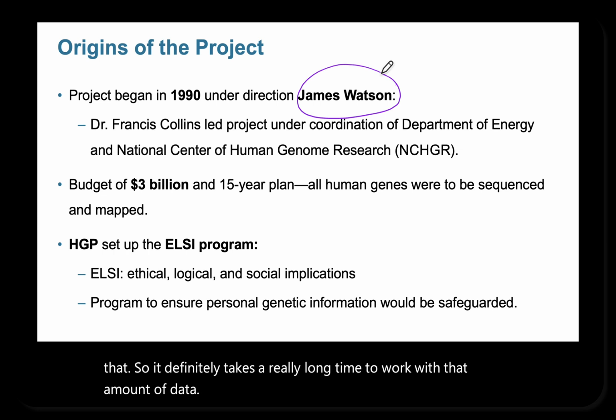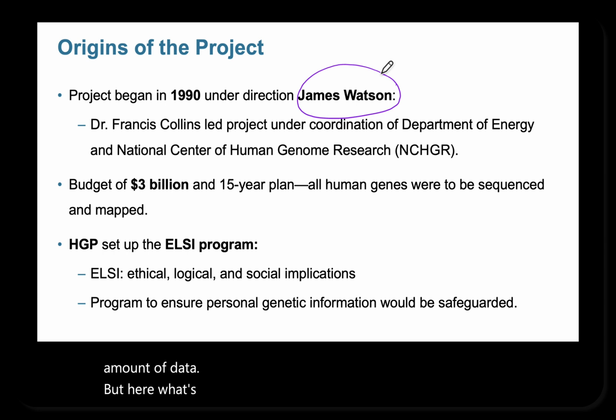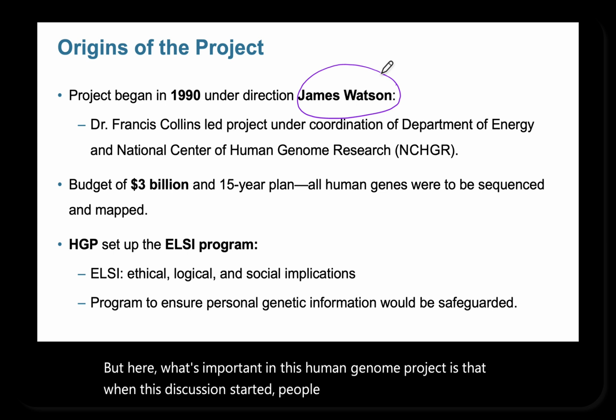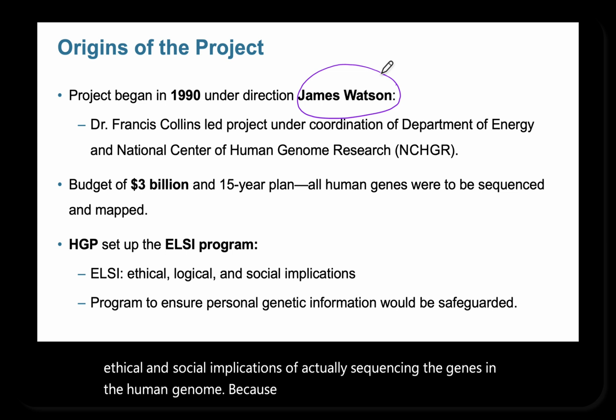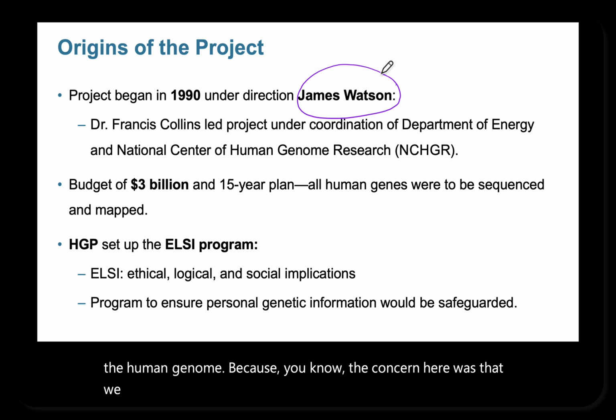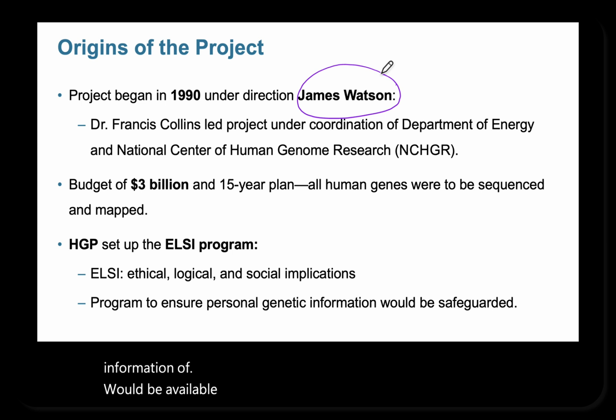But here, what's important in this Human Genome Project is that when this discussion started, people also started to think about the ethical and social implications of actually sequencing the genes in the human genome, because the concern here was that we would end up creating a database where the genetic information of people would be available for everyone to access.